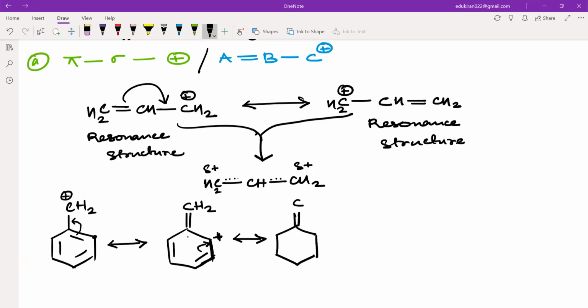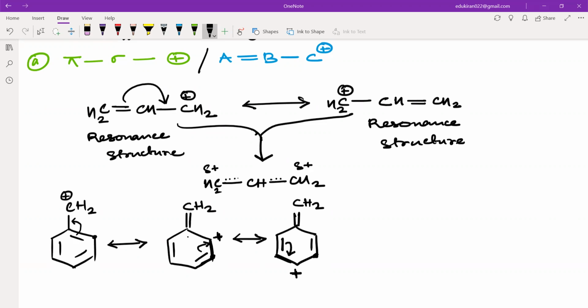There will be a double bond here, CH2. The double bond has gone here. Now this carbon atom, earlier also it had 3 bonds with pi and all, and there will be a sigma bond. You can see 3 bonds here, and 3 bonds here also. So the positive charge will go here. There will be a pi bond here. Now again you can see pi sigma positive.